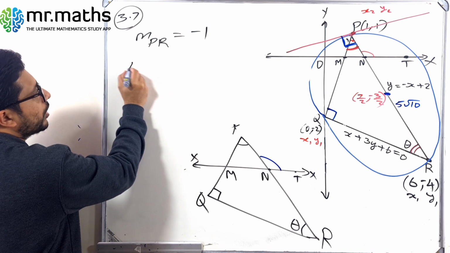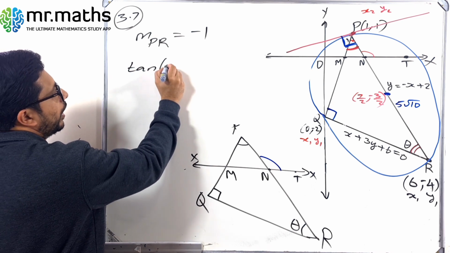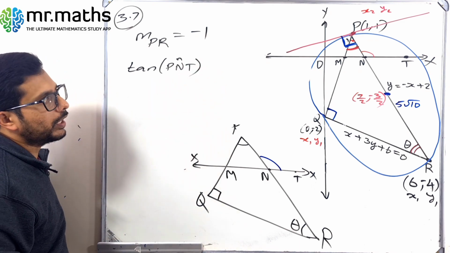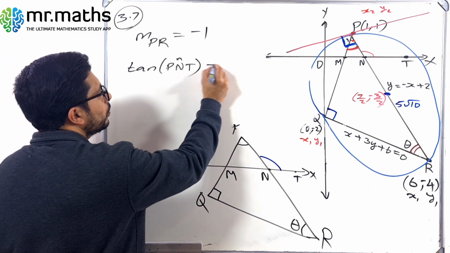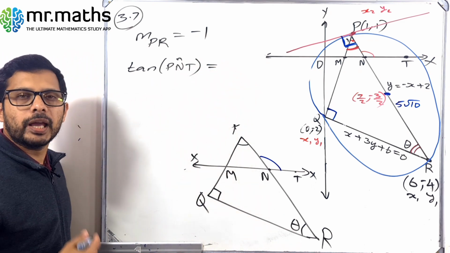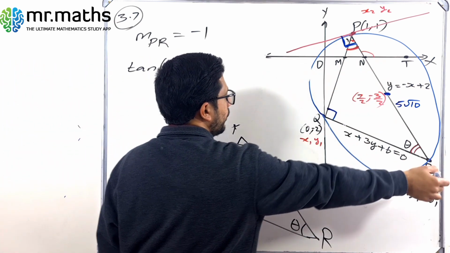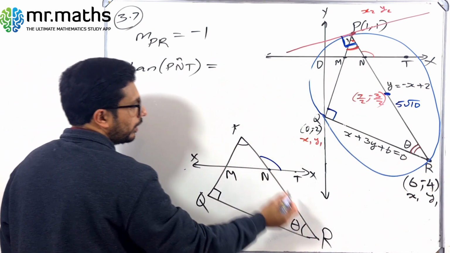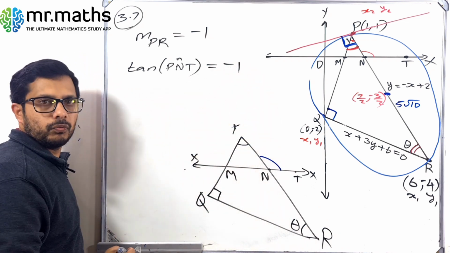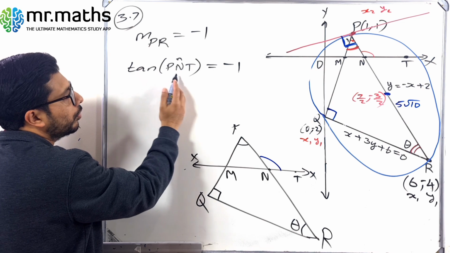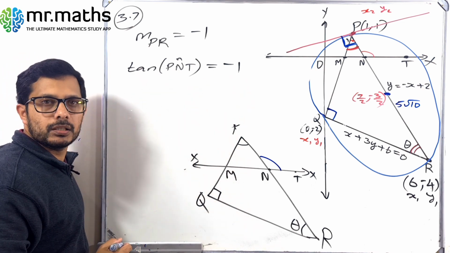Tan of angle PNT is equal to the gradient, since the angle of inclination is the gradient. We know that the gradient of PR is minus 1. So tan of angle PNT is equal to minus 1.